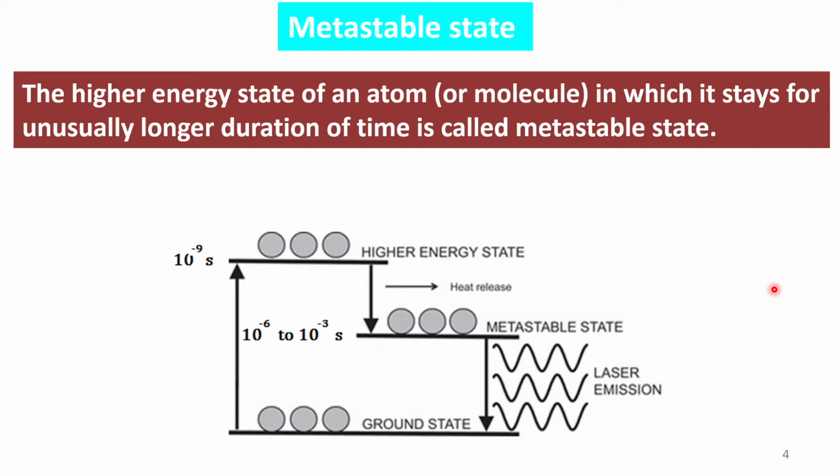But when it goes to the lower energy level, which is known as the metastable state, the atom will stay for a usually longer duration of time, and it may be in the range of millisecond to microsecond. So in case of the lasing action, the metastable state has a very vital role.